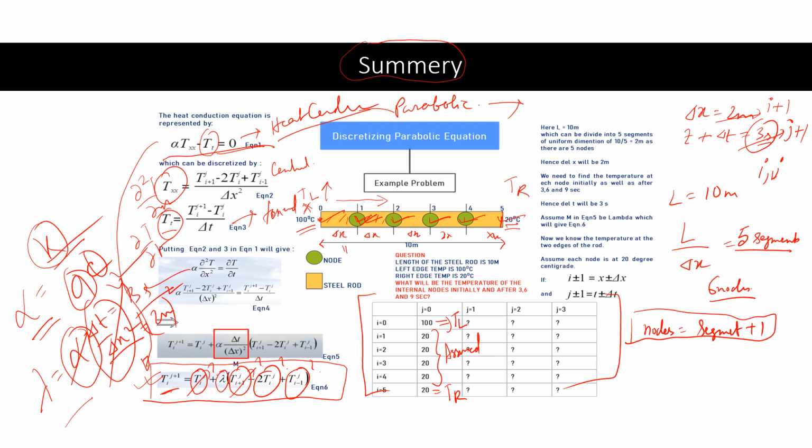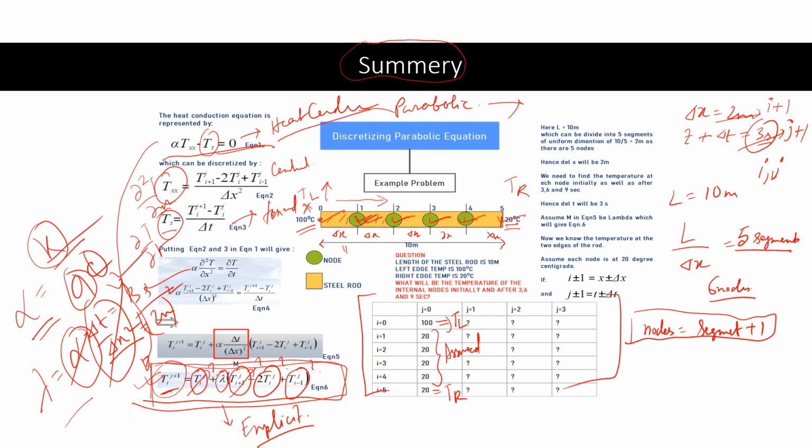This time we are trying to find the temperature T at the next time increment, with the help of the temperature values of that node and the adjacent nodes at the previous time scale. So that is why this equation is an example of an explicit equation. Because with the information of the previous time domain, we are trying to find the value of the variable for the next domain.